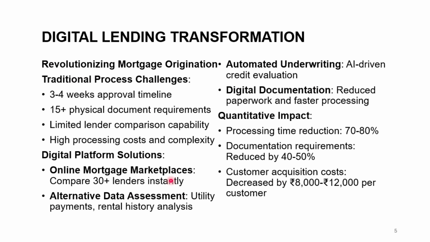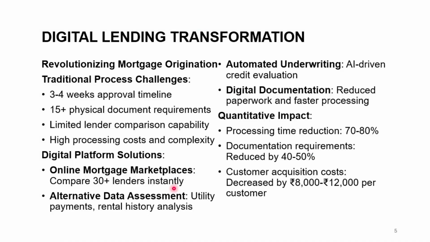But then we have digital platform solutions now. So online mortgage marketplaces: if you want to take a loan or go for a mortgage loan, once you enter that you want a home loan, you have these online marketplaces immediately, and you can compare 30 plus lenders instantaneously.